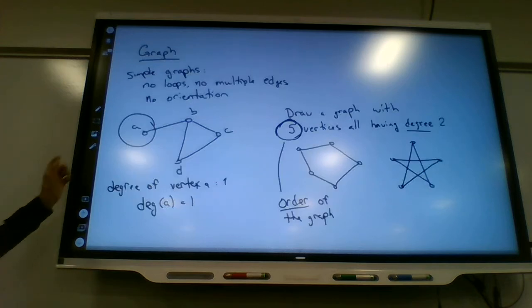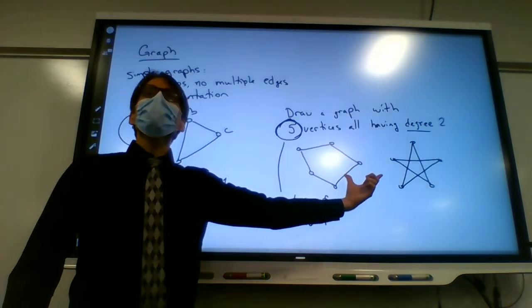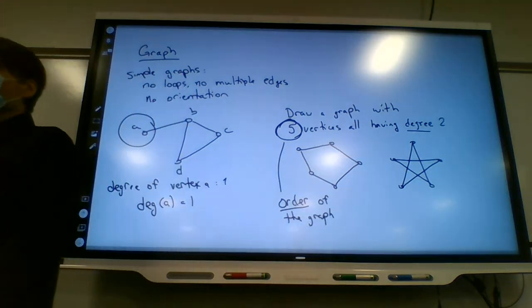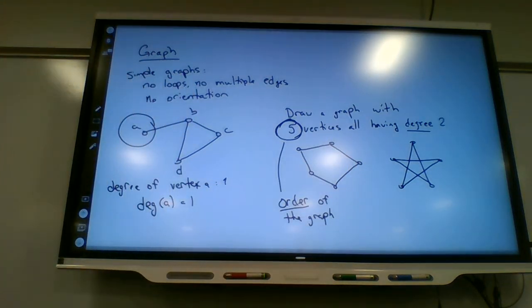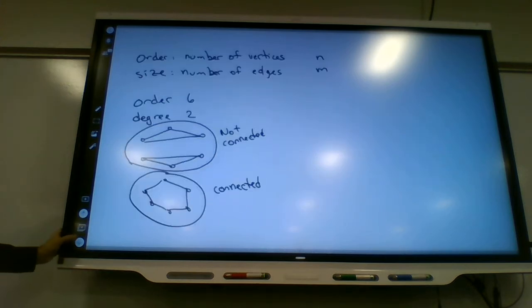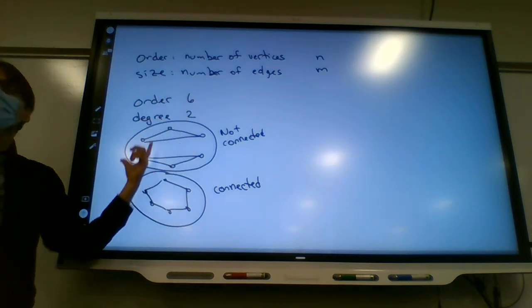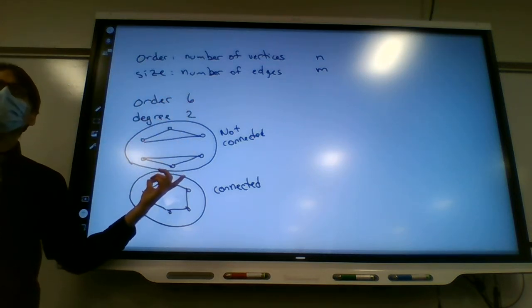Whereas we don't have that same situation over here. In fact, these two, as long as we're ignoring any kind of labels on things, are exactly the same. The relationships are the same. You can have the same order and the same degrees, but have fundamentally different graphs.